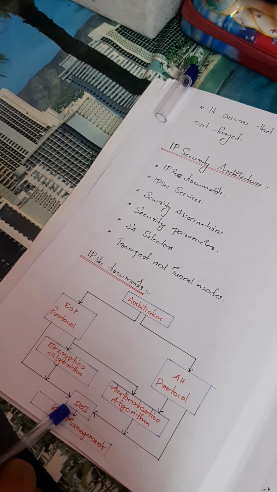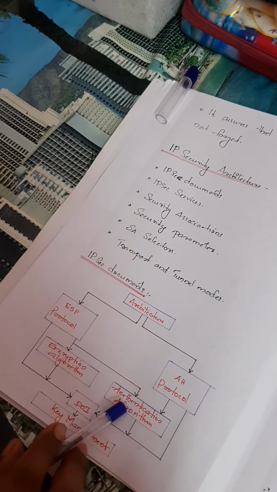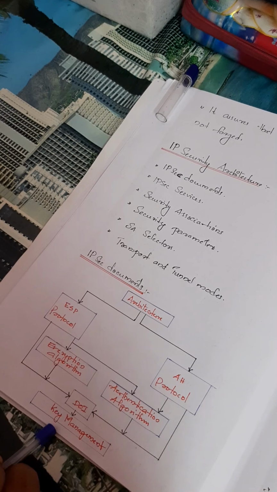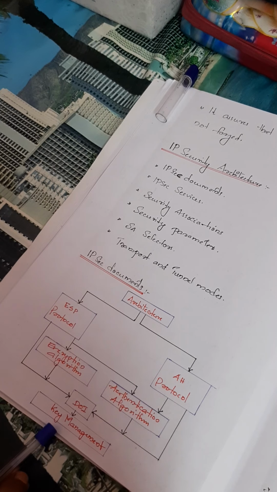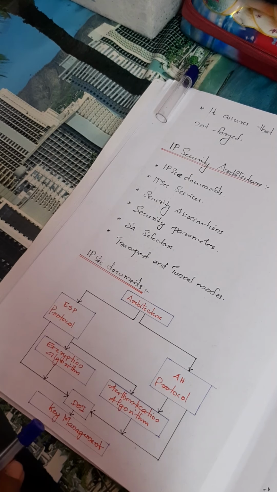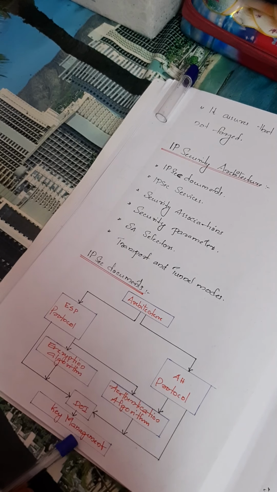These identifiers are used for the approved authentication and encryption algorithms, and the optional parameters like key management related parameters like key management time, etc. And key management consists of the key exchange techniques and related things.